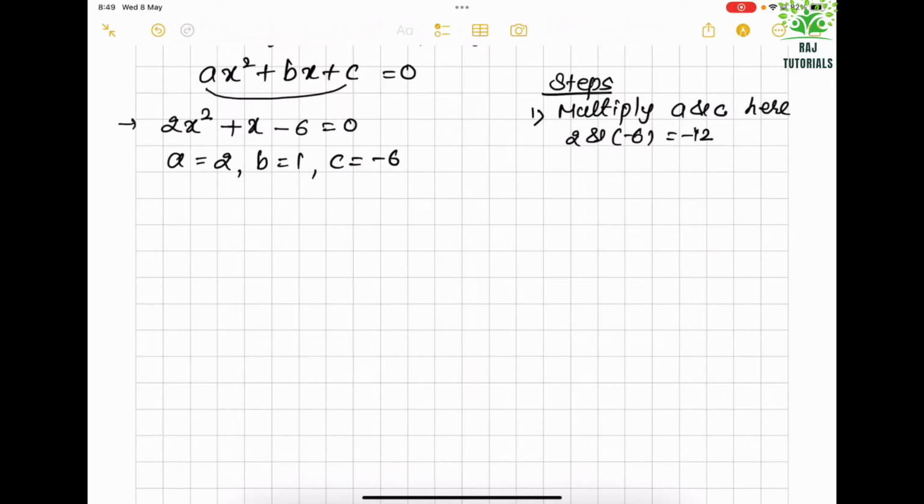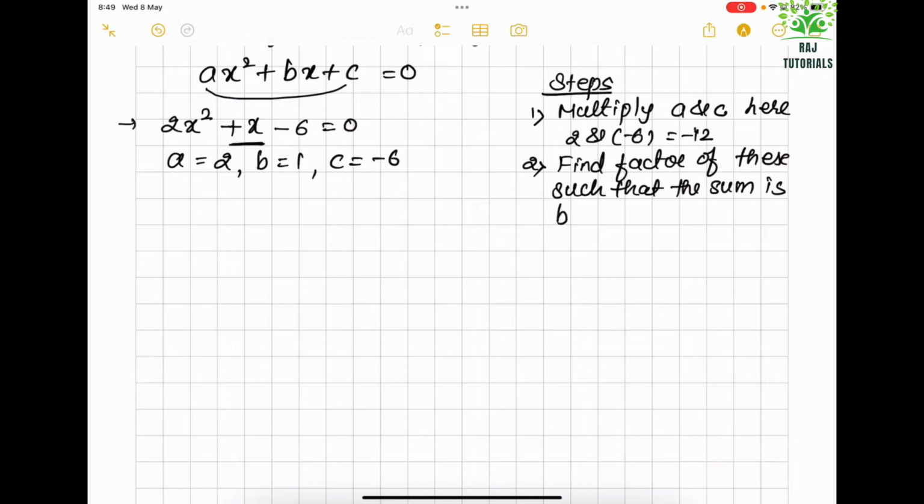Now, in the second step I have to find such factors of minus 12 whose sum comes as the middle term. So the second step is find factors of these such that the sum is b.